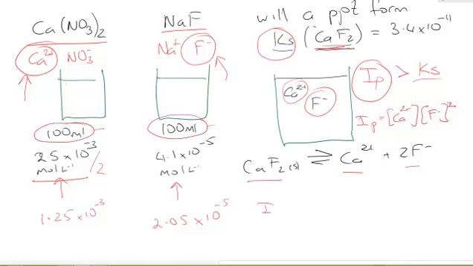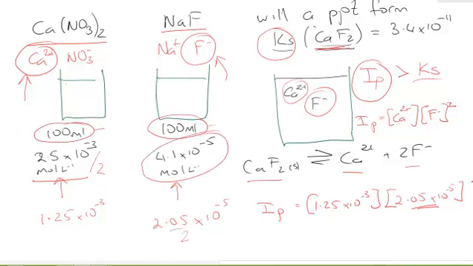And so we go IP equals the calcium ion, which is going to be 1.25 times 10 to the negative 3, and the fluoride ion, which is going to be 2.05 times 10 to the negative 5, and that is squared. Now we don't have to do anything fancy to this. This is the concentration of the fluoride ions. We don't have to double it or do anything weird. They've told us the concentration. The only thing we have to do is divide it in half because we've combined 100 mils and 100 mils. Okay, that's all we have to do.